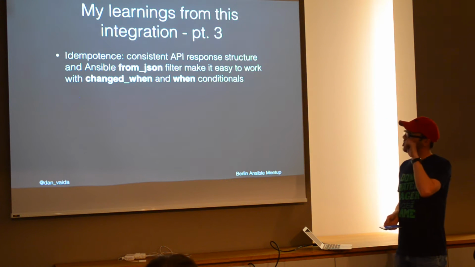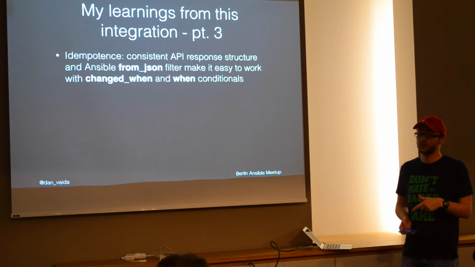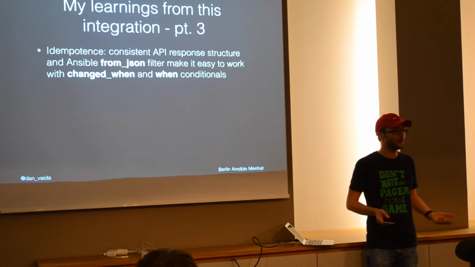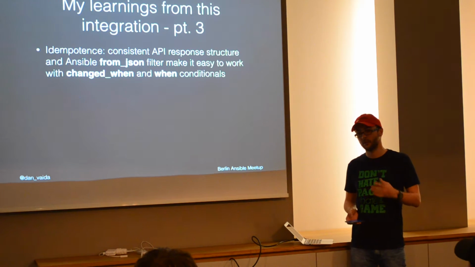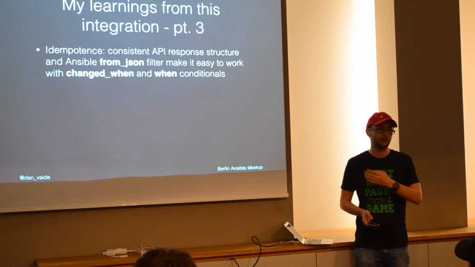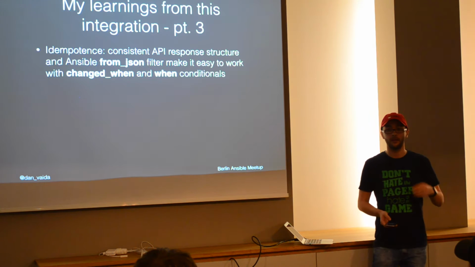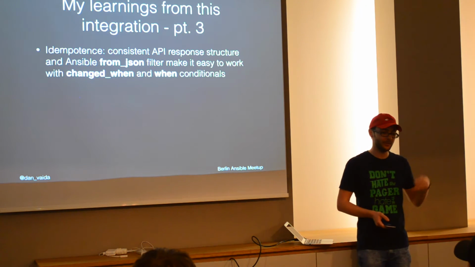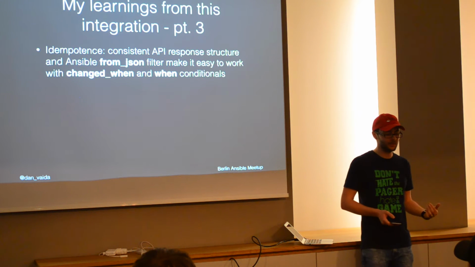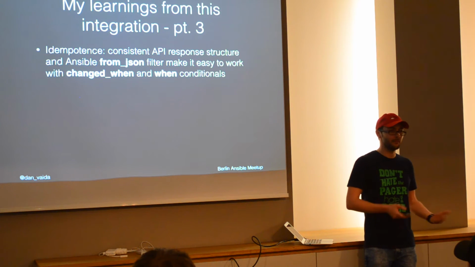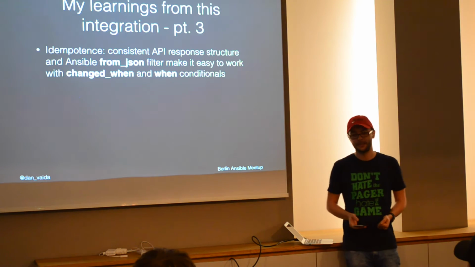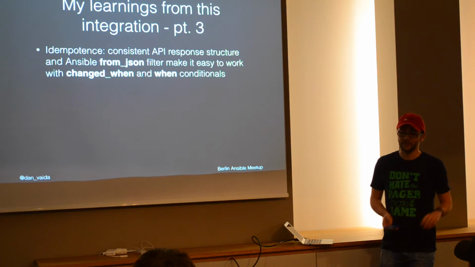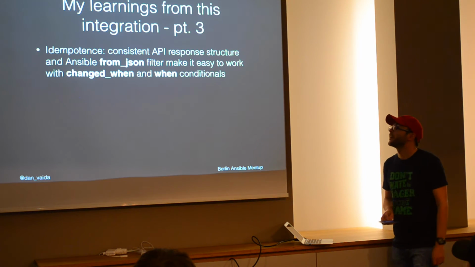And changed_when and when conditionals are very handy as well, because as you guys know, you can register the output of an Ansible task, and you can apply one conditional and change right there. Back in the old days with Ansible, literally old days, you had to have a register, and you had to have another task that would do something based on that register variable content or whatever. So with this, it narrows down much more.